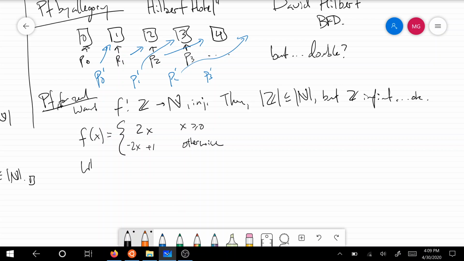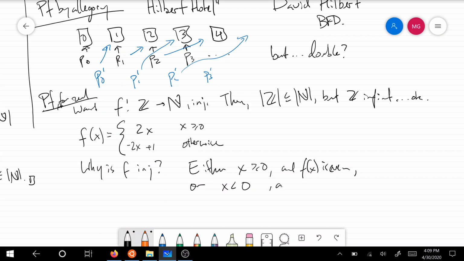Okay. Why is f injective? Either x greater than or equal to 0 and f of x is even, or x is strictly less than 0 and f of x is odd. Right?